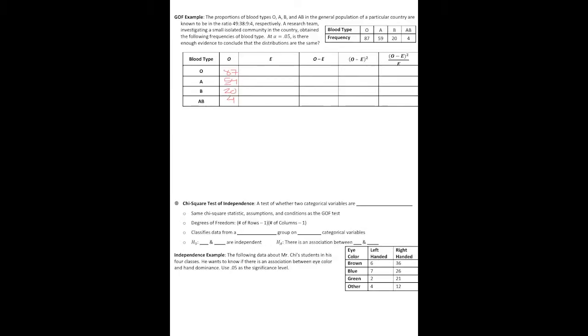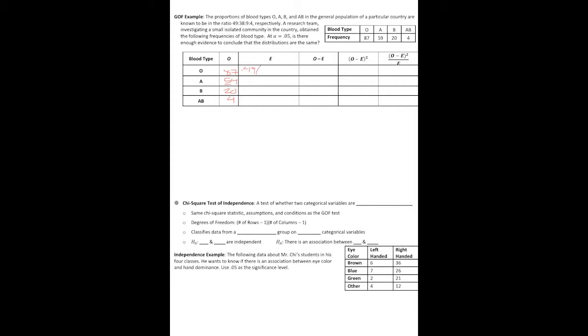Okay, so the next thing we need to find are our expected values. Since we were given a proportion in our problem, that's going to be a percent. So we can find the percent of our total 170 to find what we expect to have. So the very first one would be 0.49 because it is a proportion.